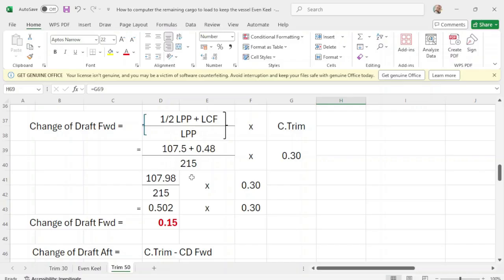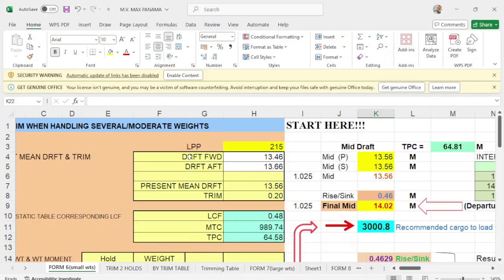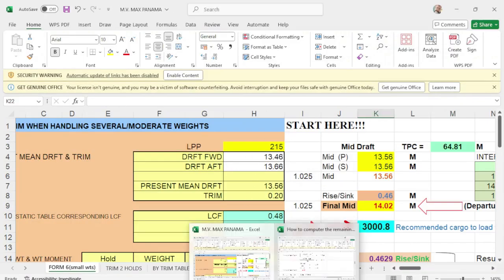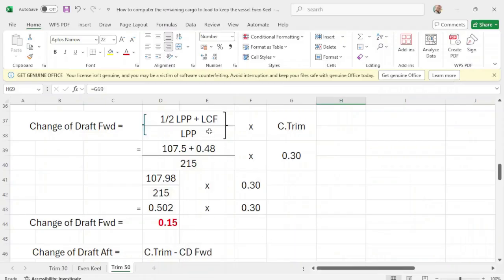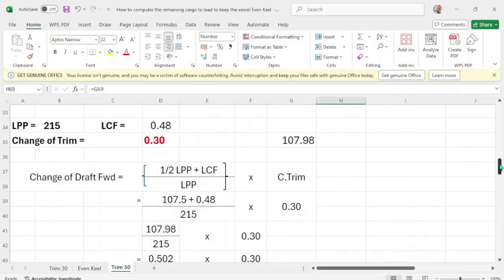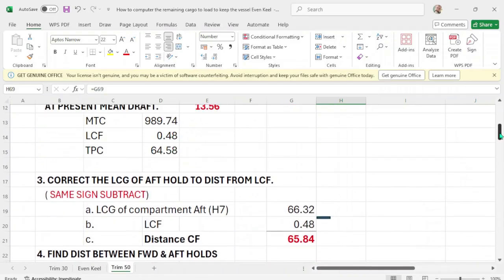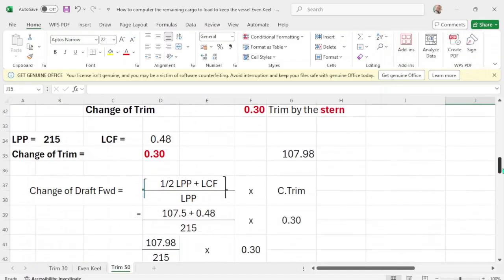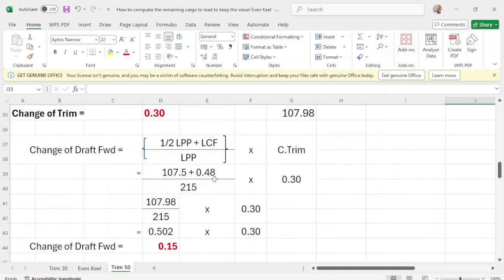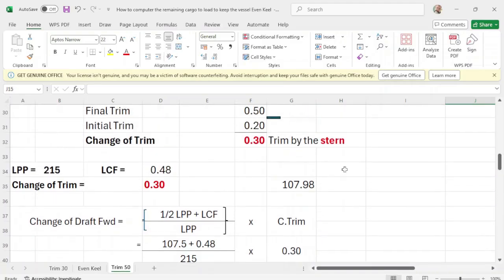LPP is 215 here, and your LCF is 0.48, and your change of trim is 30 centimeters, positive, okay?